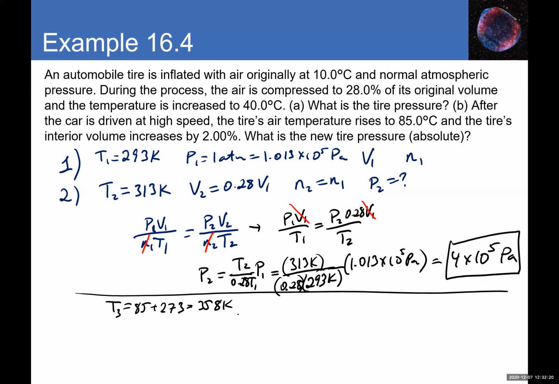Then the volume increased by 2%, which means the volume 3 is equal to a 2% increase, which is basically written as 1.02 of the volume 2. Volume 2 already was 0.28 of volume 1. So in a way, that's kind of what I have.